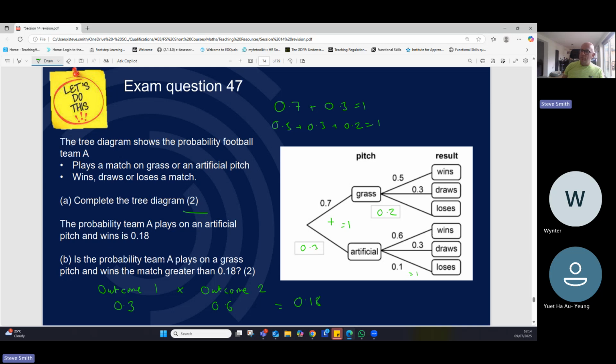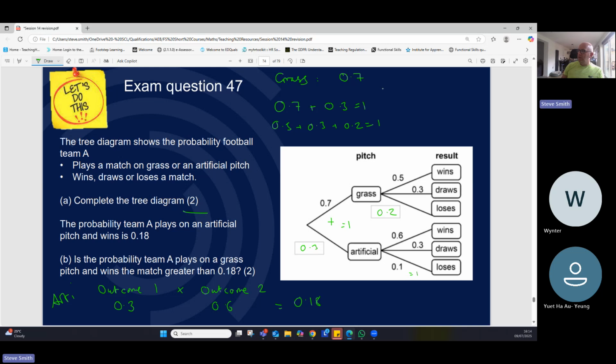Right. The probability that the team plays on grass and wins the match. So if he plays on grass, that's artificial. Let's put here grass at the top. So winning on grass. We're going to play on grass first at 0.7.